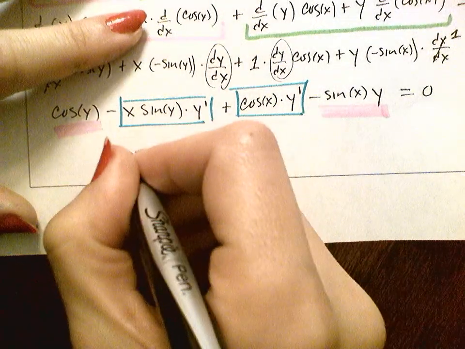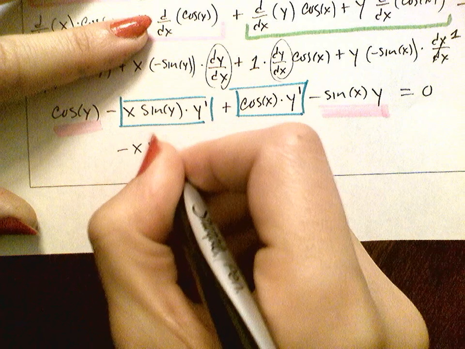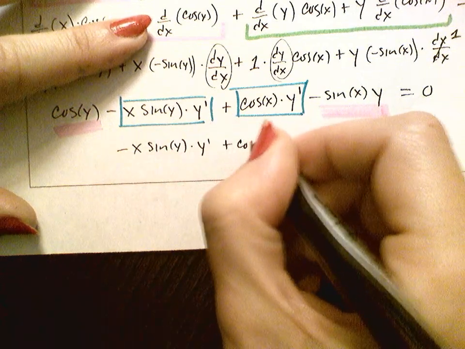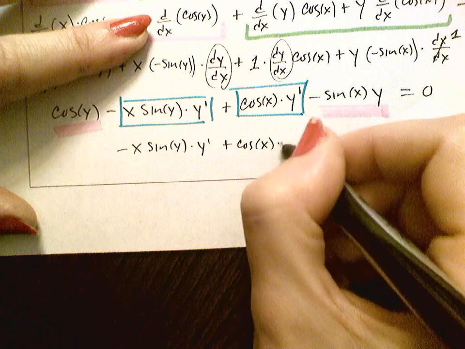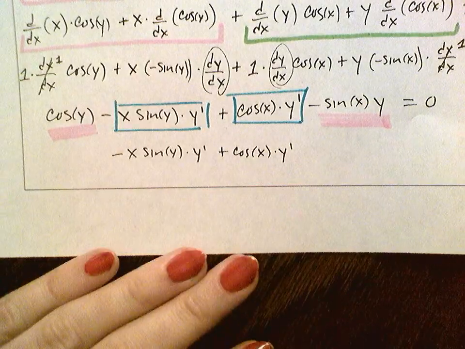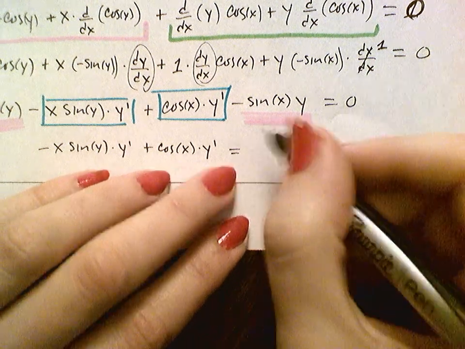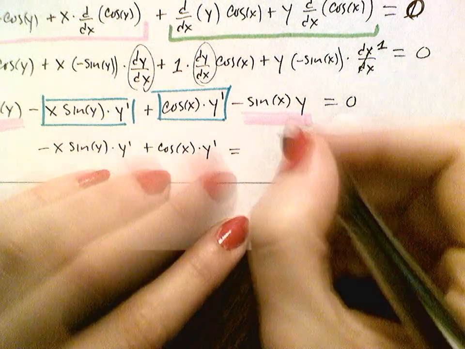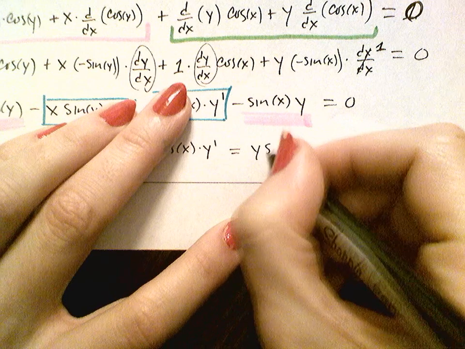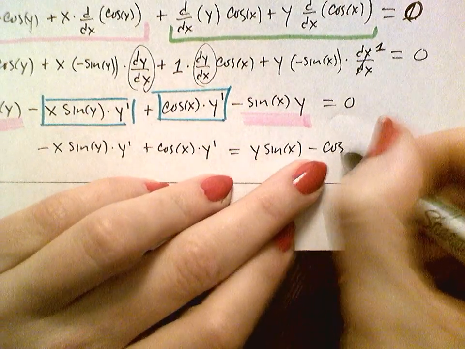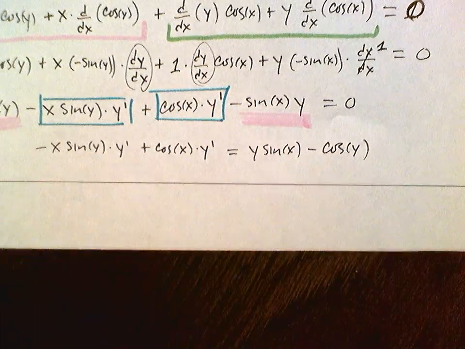All right, so I'm going to end up with negative x sine of y, y prime, plus cosine of x, y prime, equals, I'm getting the pink ones on the other side, so I'll add this one to both sides, and I'll put the y in front, and then minus cosine of y.